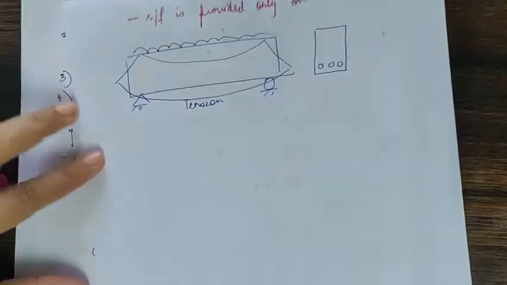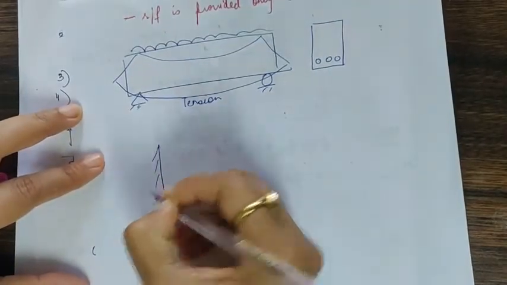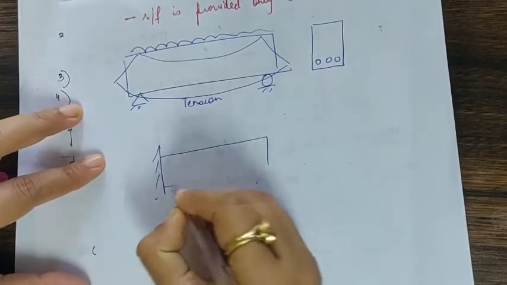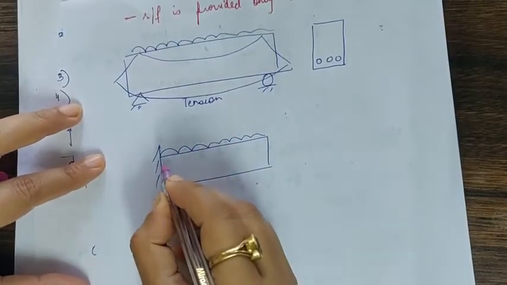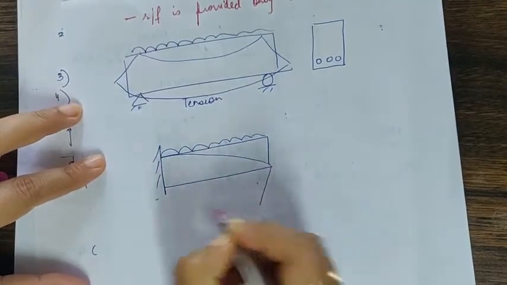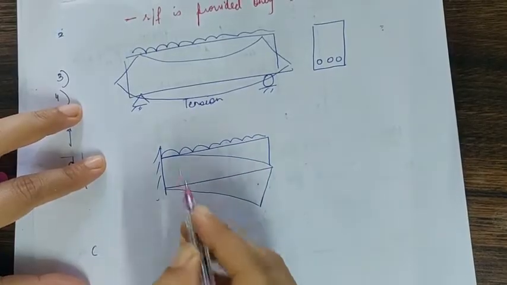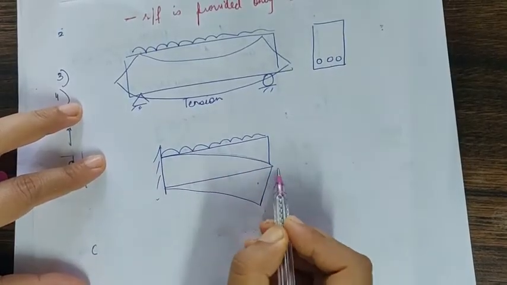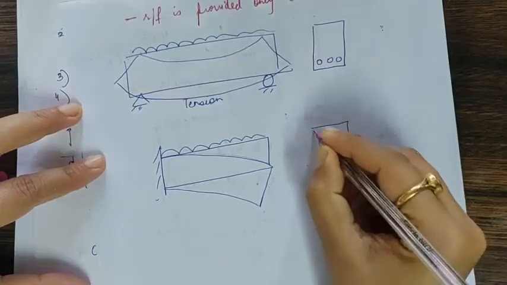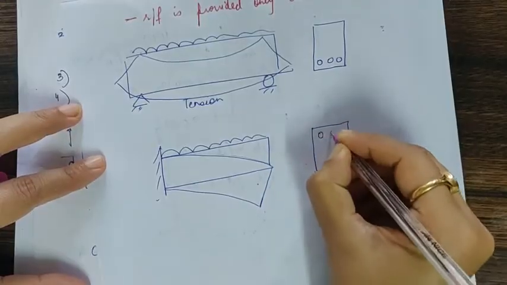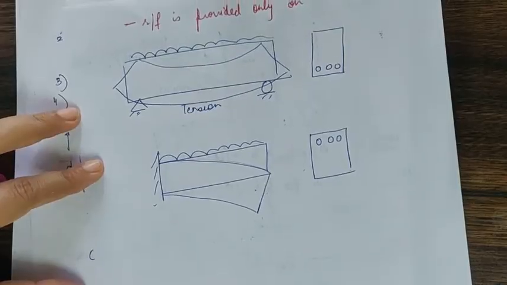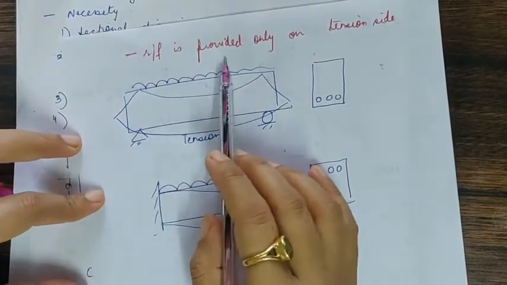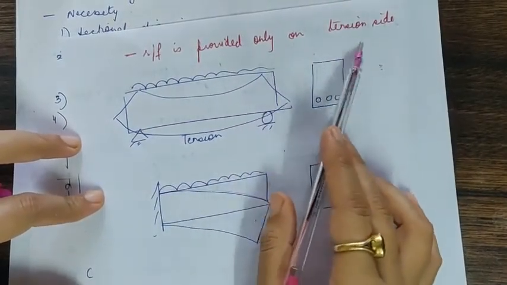Okay, if we had a cantilever beam subjected to certain loading, I know the cantilever beam is going to bend like this, so it means now tension is at the top, so it means the reinforcement for a cantilever beam will be at the top as the tension reinforcement.